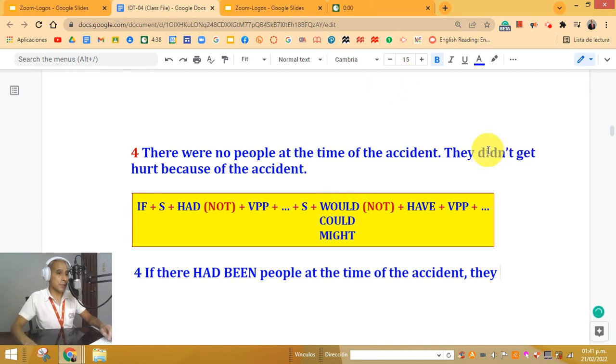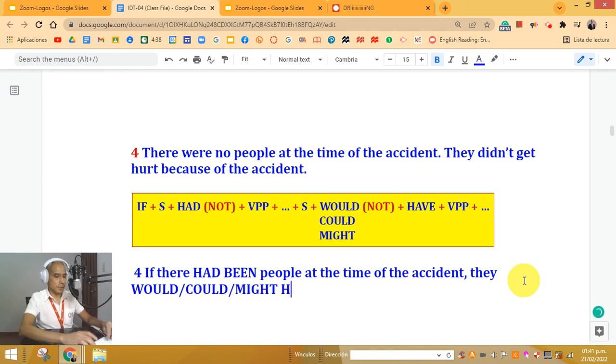Now, this is in the negative form, and remember that we have to change it to the affirmative form, but we have to use the formula. So after the subject, that is they, what do I need? I can use would, I can use could, or I can use might plus have plus a verb in the past participle. In this case, the verb is get.